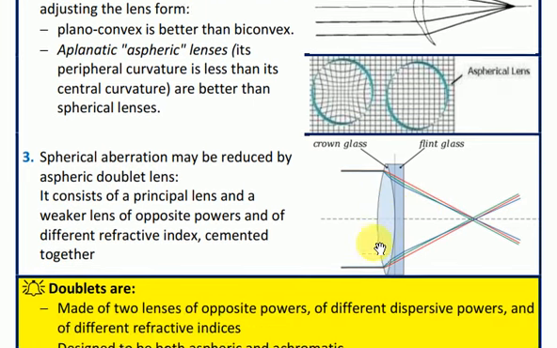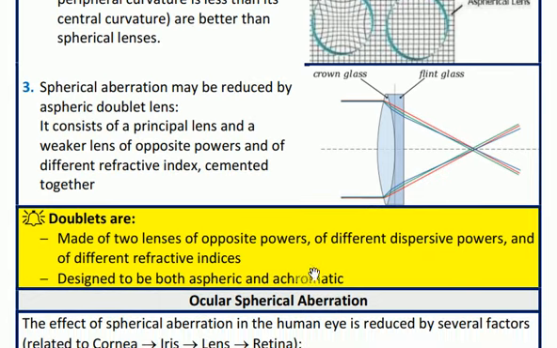Usually such doublets are designed to be both aplanatic and achromatic.